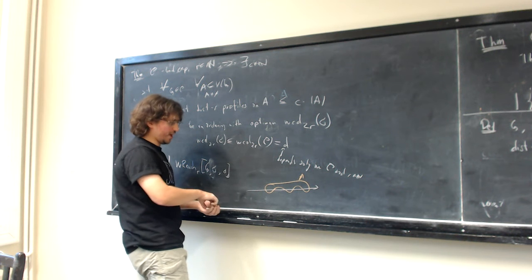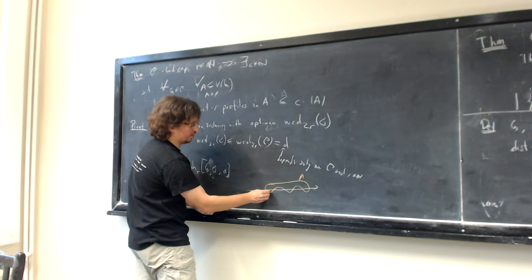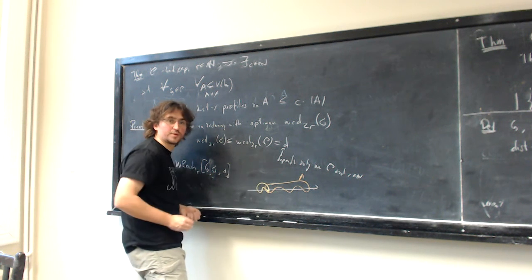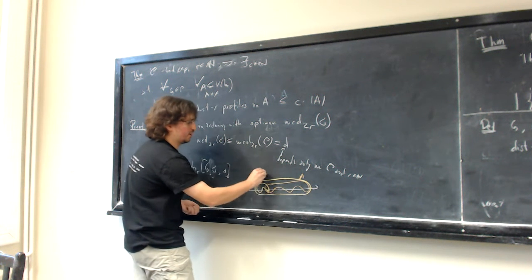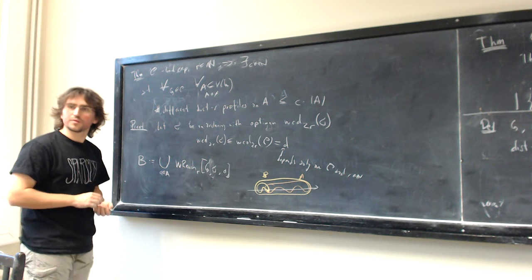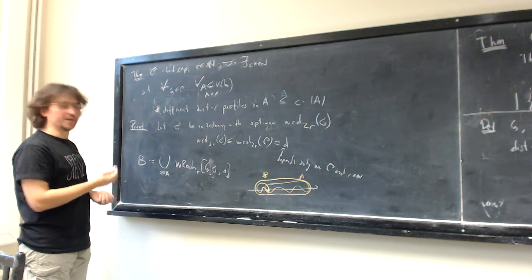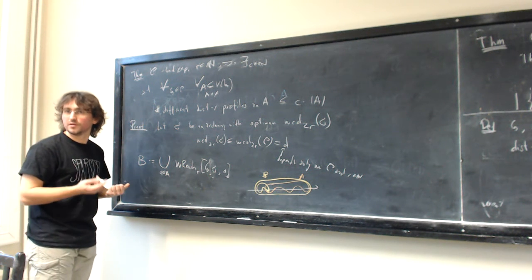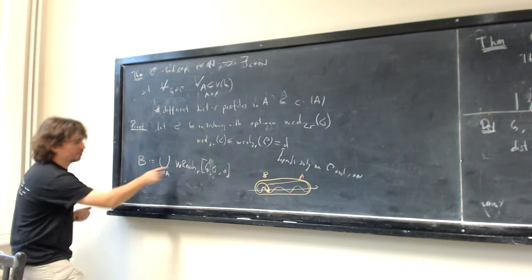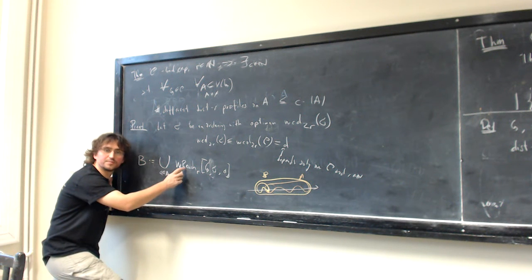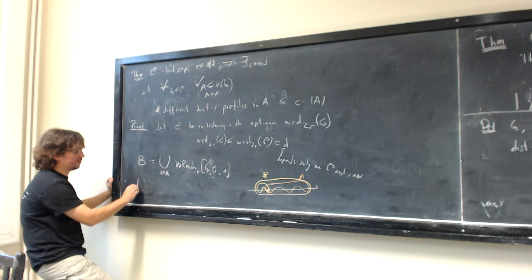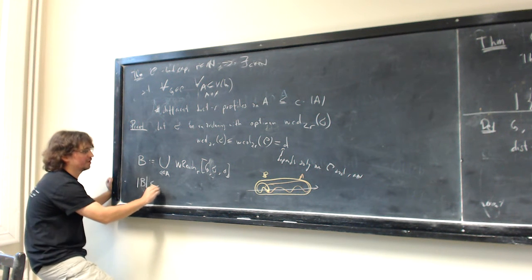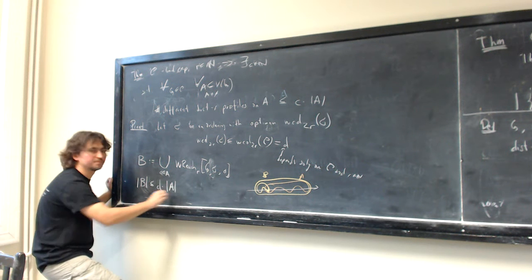And then for every vertex, I include all its weak reachability set, which just enlarges my set A to a larger set B. Yes? How much larger can B be with respect to A? These weak reachability sets are small. They are of size at most D.